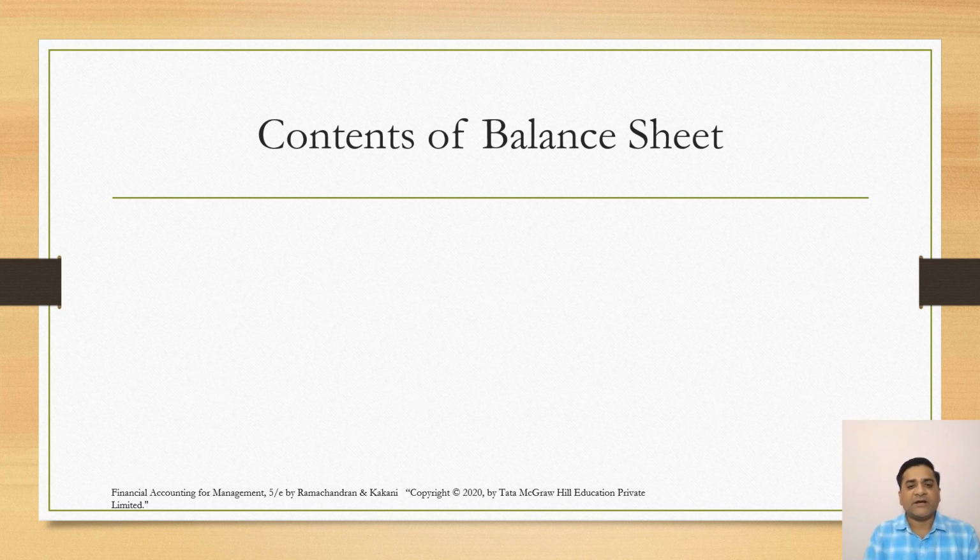So talking about the contents of the balance sheet, as we have understood, the balance sheet is nothing but a report card of the company's finances. Assuming there is a guy who is in standard 10, how would his report card look like?